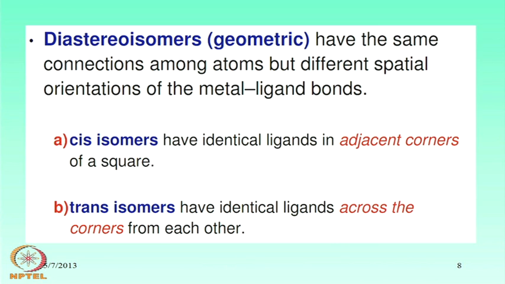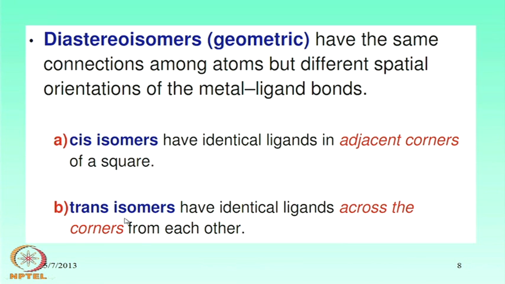So, if we have a square arrangement and adjacent corners, not diagonally opposite, take two similar or identical ligands, then we utilize this particular isomer as the cis isomer.